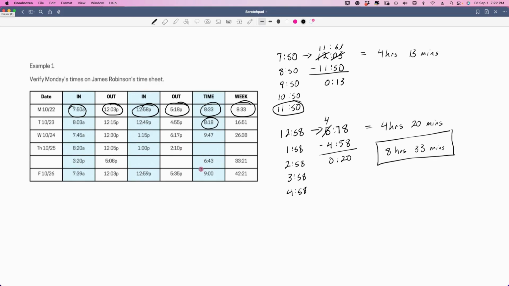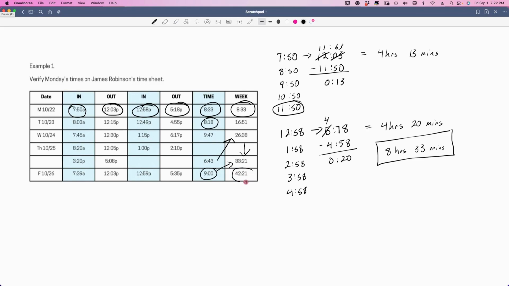That was added to his weekly total, and that brought him up to 33:21. Then on Friday, he worked a total of 9 hours, which was added to the 33:21, giving him a total of 42 hours and 21 minutes.